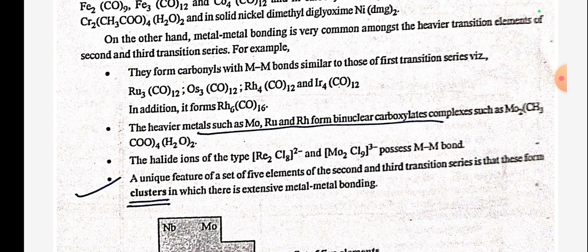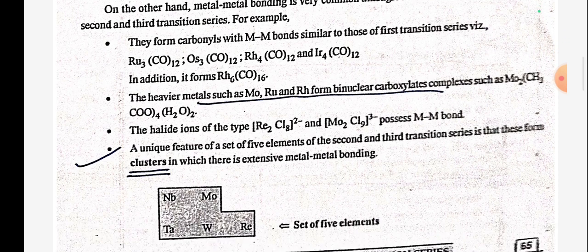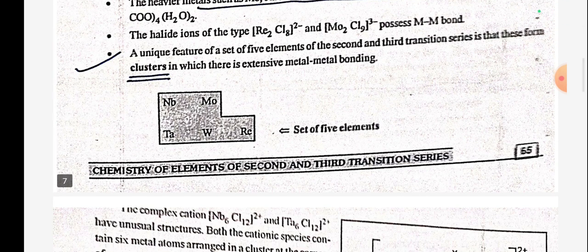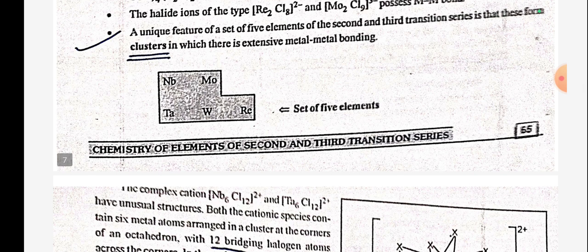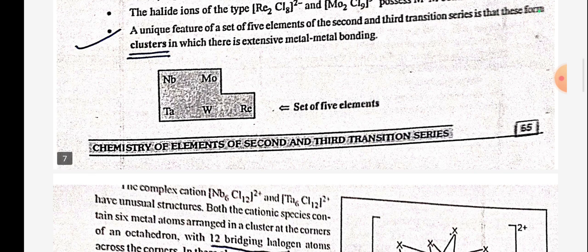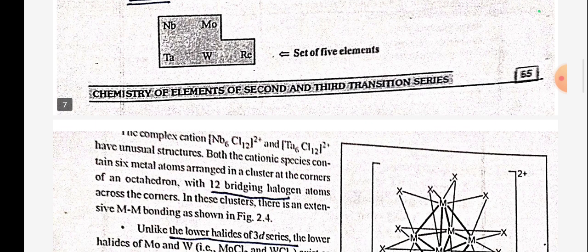The heavier metals such as molybdenum, Ru, and Rh form binuclear carboxylate complexes such as Mo2(CH3CO2)4(H2O)2. The halide ions of the type [Re2Cl8]²⁻ and [Mo2Cl9]³⁻ possess M-M bonds. A unique feature of the early d⁵ elements of the second and third transition series is that these form clusters in which there is extensive metal-metal bonding.